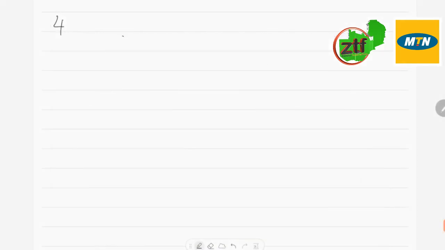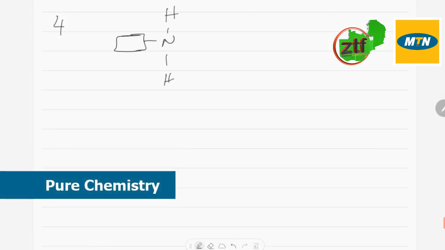The monomers are 1,6-diaminohexane, and we also have the other monomer there, which is an acid chloride, hexanedioyl dichloride.